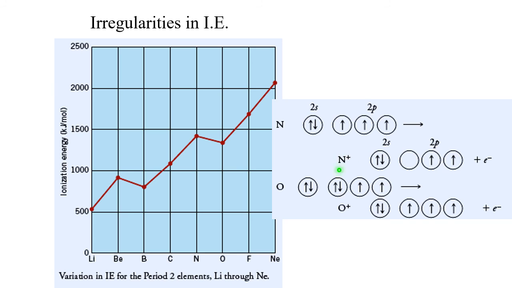When you are removing an electron, you are reducing this stability. So ionization energy of nitrogen is relatively large. Oxygen, contrary to that, has stabilized positive ions, so ionization energy of oxygen is relatively lower. Same story was for boron.